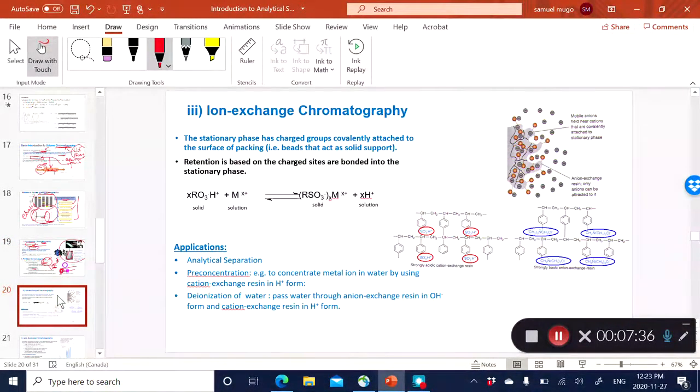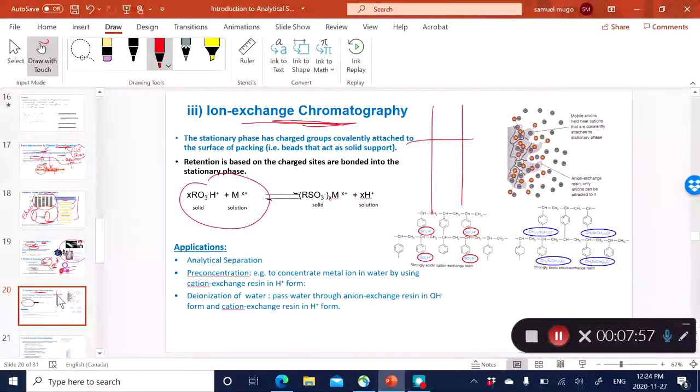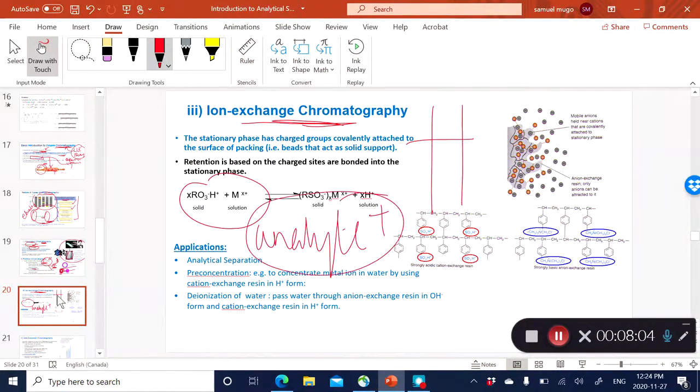The other type of chromatography is what you refer to as ion exchange chromatography. And this is where you've got resins that are charged, sometimes negatively charged, sometimes positively charged, and they are packed inside a column. And so the basis of separation is electrostatic interaction between the analyte, which should be charged, maybe positively charged, and a resin, which in this case can be negatively charged.